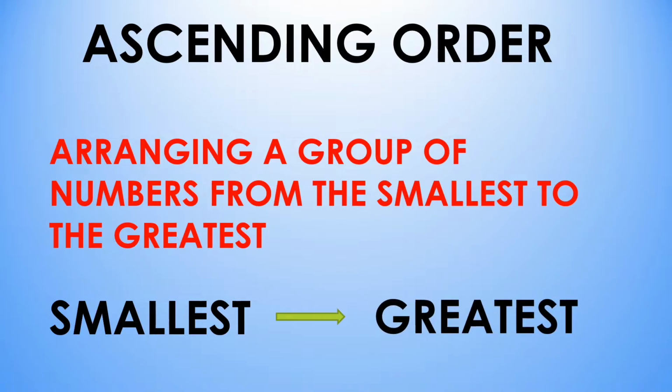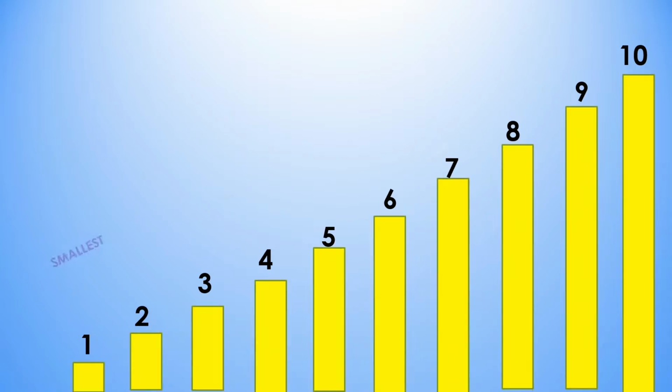Ascending order is also known as increasing order. Means in ascending order numbers are increasing from smallest to the greatest. As you go upward numbers are increasing. We will understand ascending order by taking a step method. These are the steps.